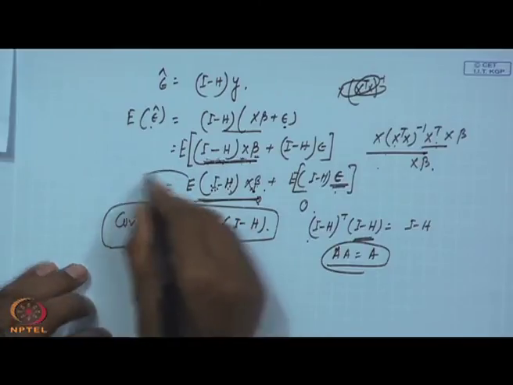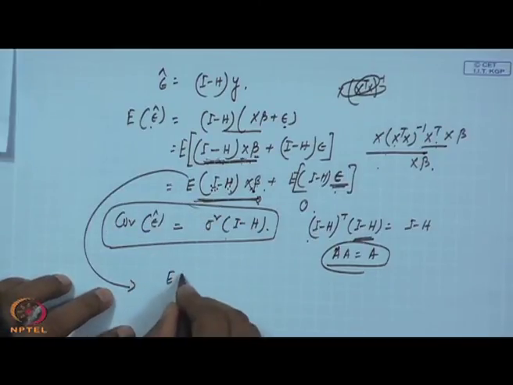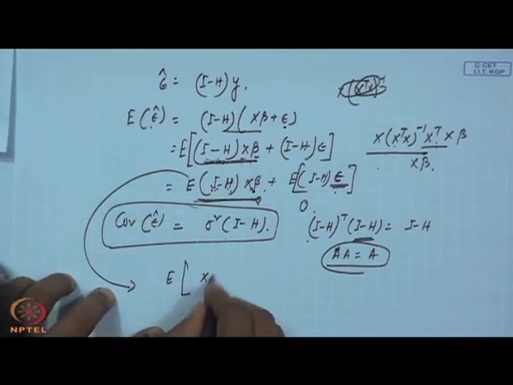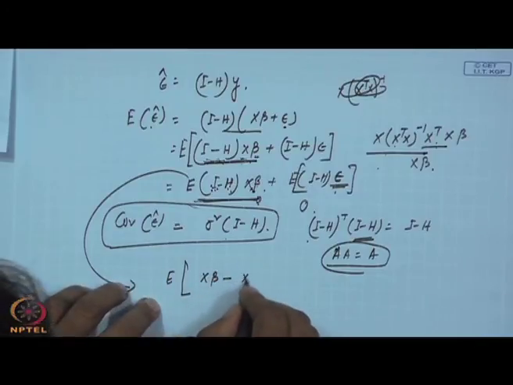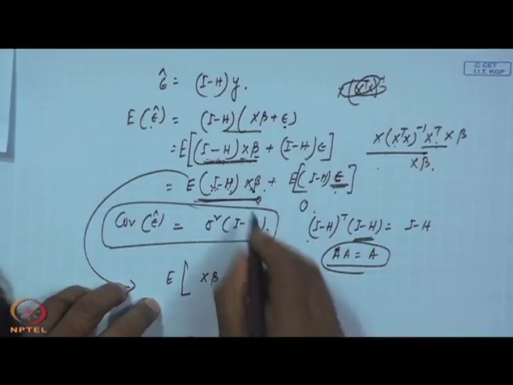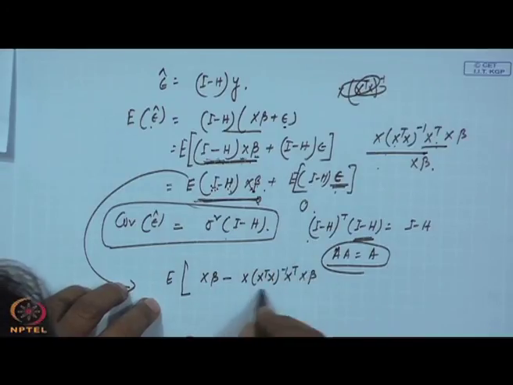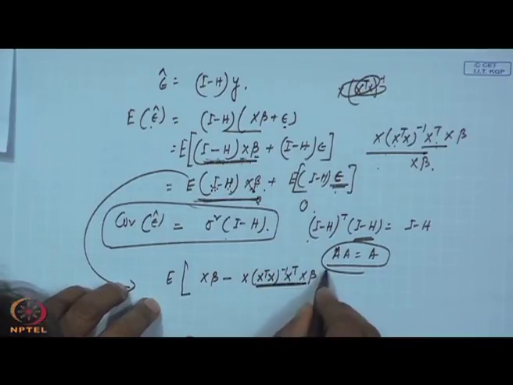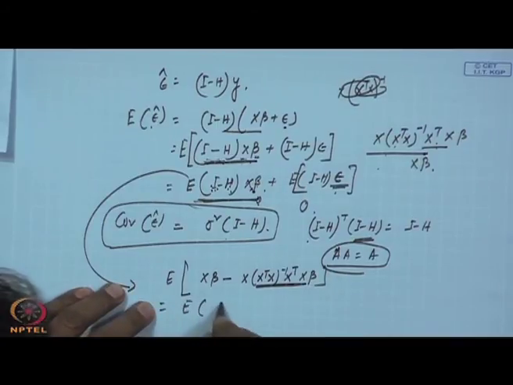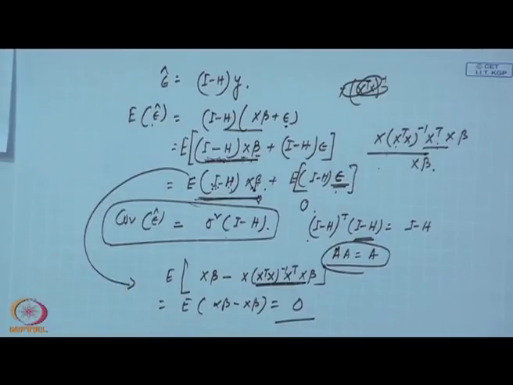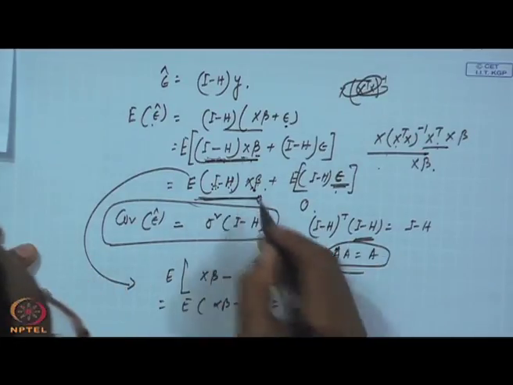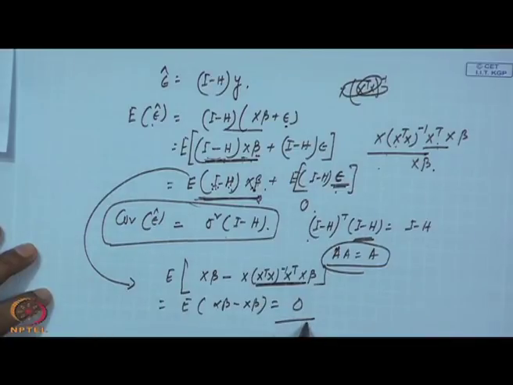This quantity will become x beta minus h, which is x transpose x inverse x transpose, times x beta. This quantity is I. So, that will become x beta minus x beta, so it becomes 0. Okay. So, it is a fixed value definitely, but ultimately that fixed value is 0.